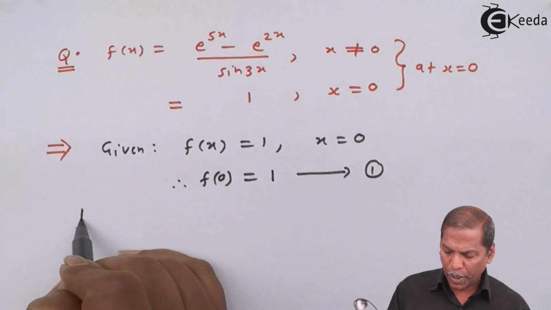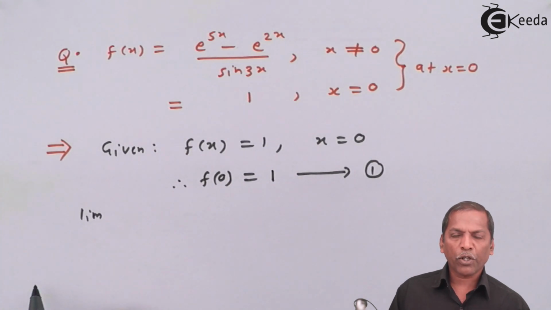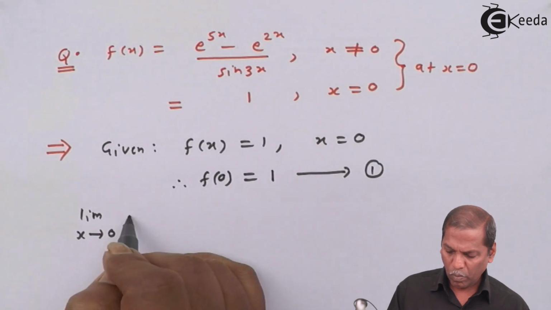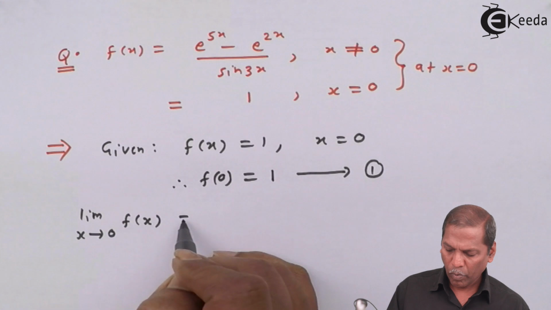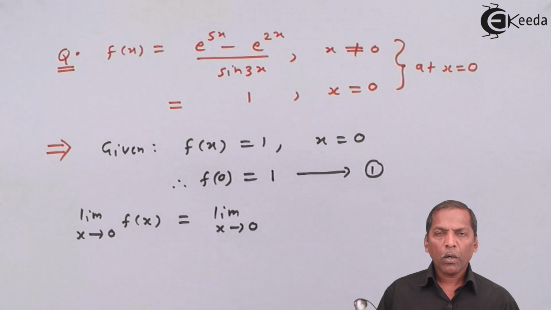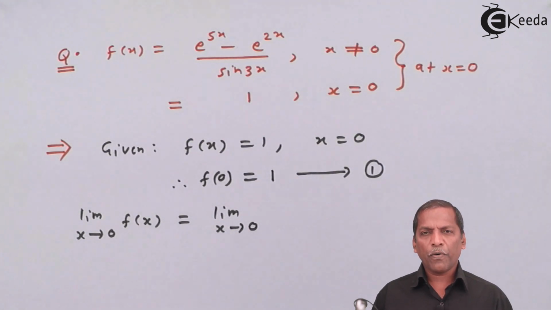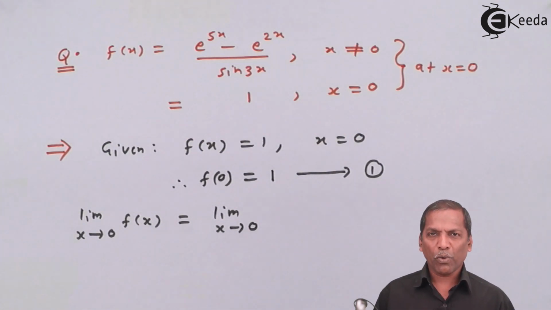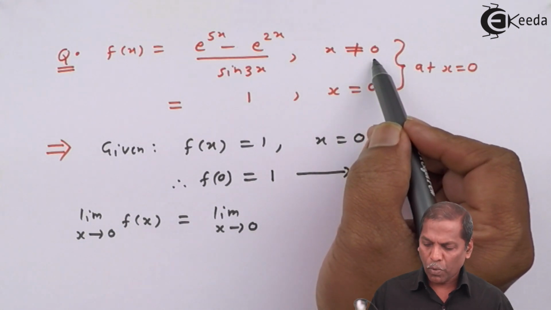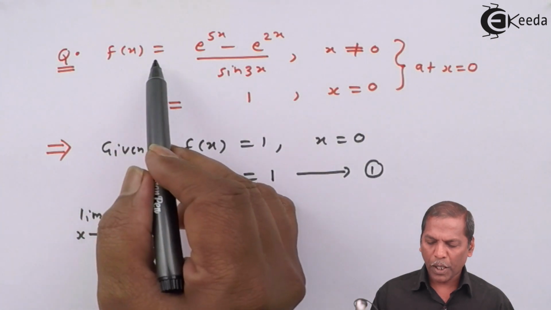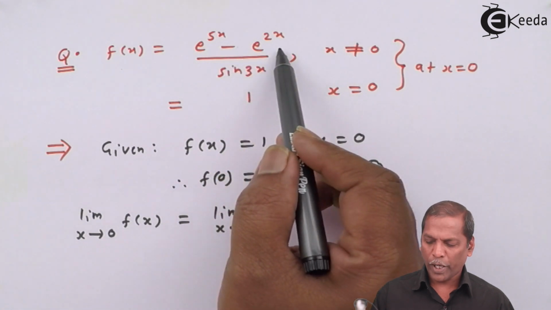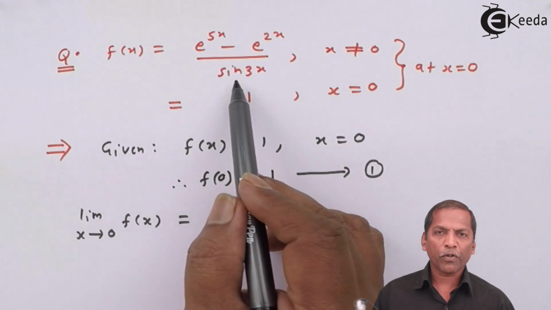The next step is limit x tends to 0 of f(x). Now here x tends to 0 means x not equal to 0, and for x not equal to 0, we have f(x) equal to (e^5x minus e^2x) upon sin 3x.